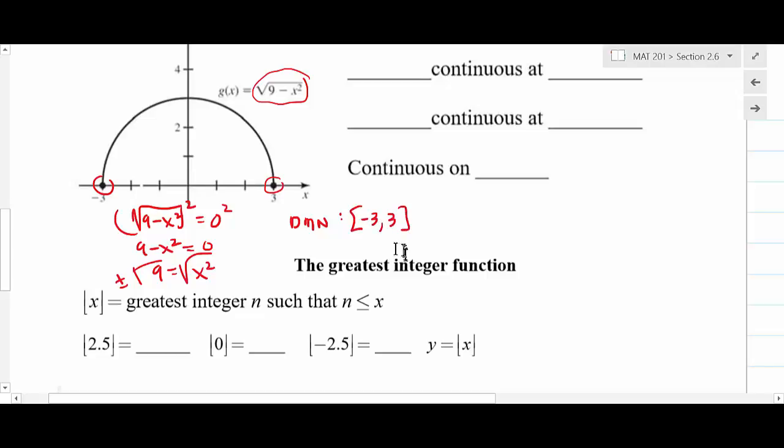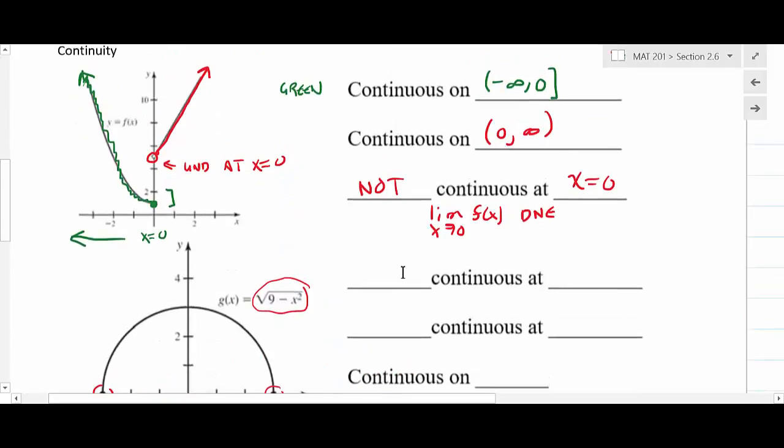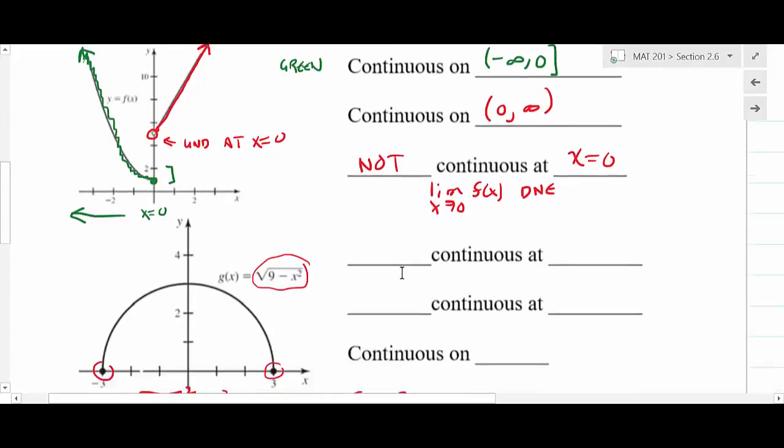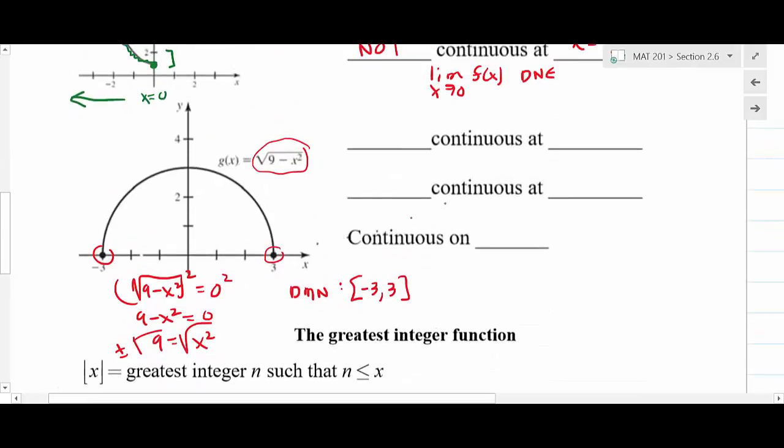Okay? So now we're looking at the continuity here. This one would be continuous on the interval from negative 3 to 3. Now we're talking about left and right continuous. If you look at this endpoint right here, if you're closing in from the right, you're going to be continuous.